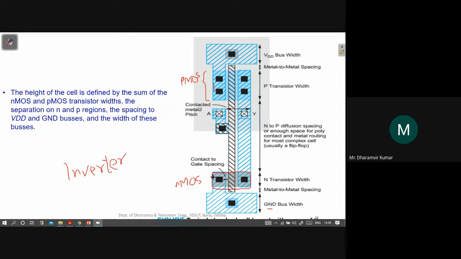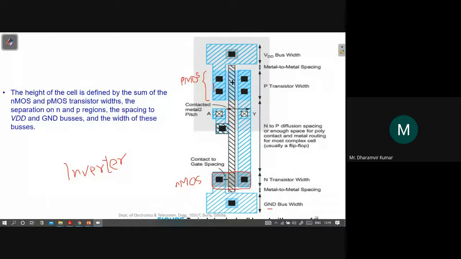It consists of one NMOS and one PMOS. Now this is the PMOS source, this is the PMOS drain. Where is the gate? The gate is in between drain and source. So this black colored hash line is the gate, and this gate of PMOS is connected to the gate of NMOS.